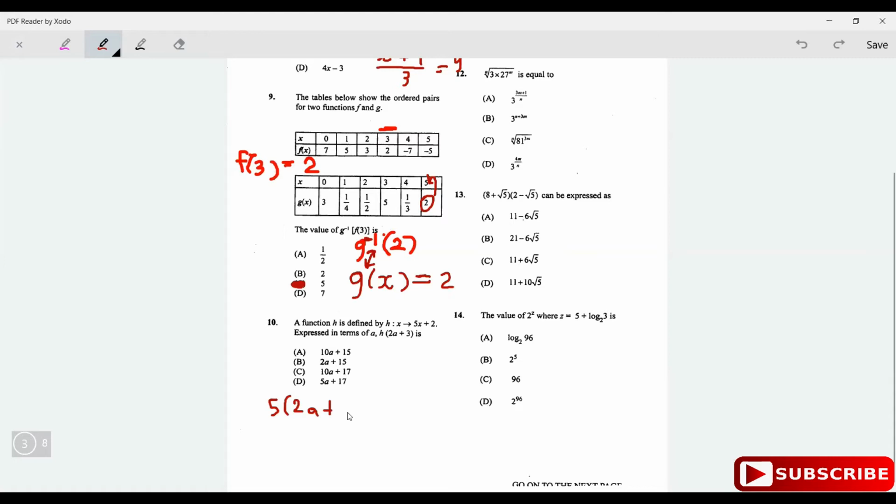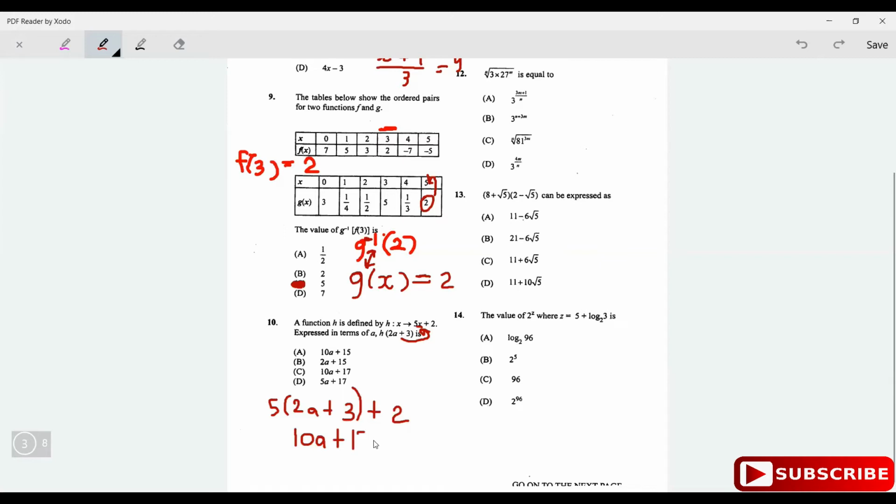Notice what I did, I substituted x as 2a plus 3. Plug in 2a plus 3 into x. I get 5 times 2a plus 3, plus 2. And so 5 times 2a is 10a. 5 times 3 is 15.